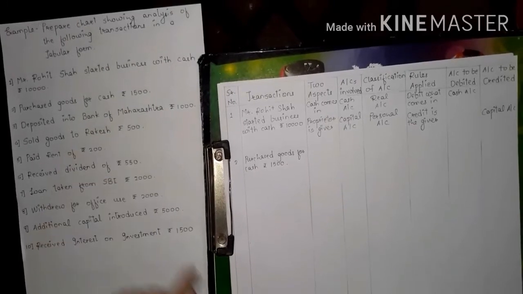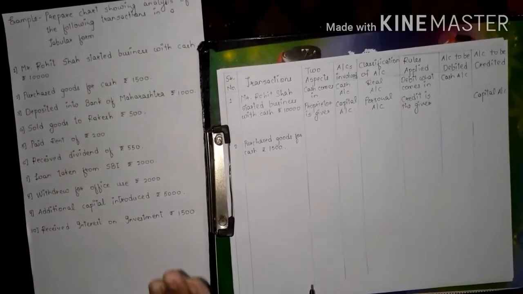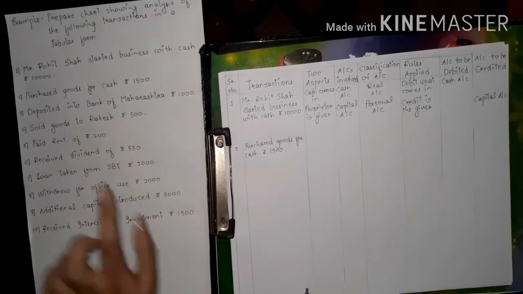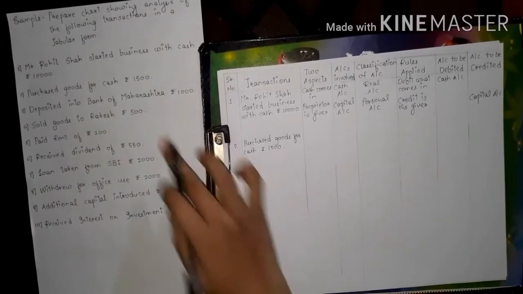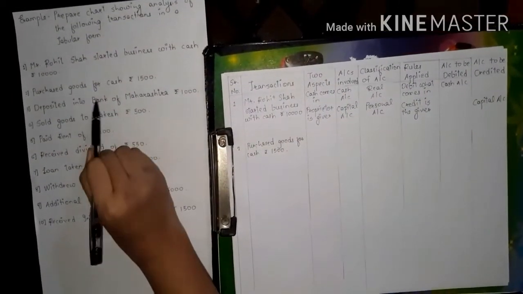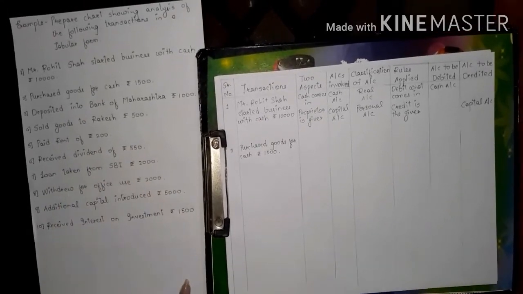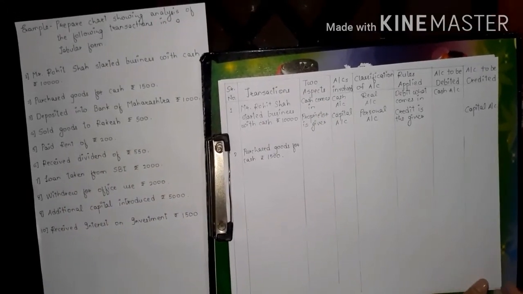Now for cash means that goods are being purchased and payment is immediately made in the form of cash. It is not on credit basis nor on loan. The payment is made immediately as soon as the goods are purchased. Okay, this is what the transaction is about.